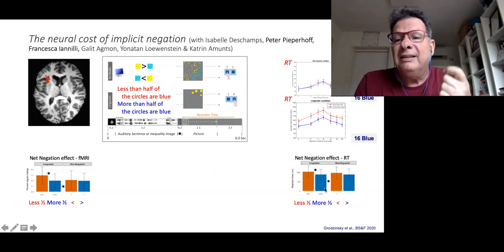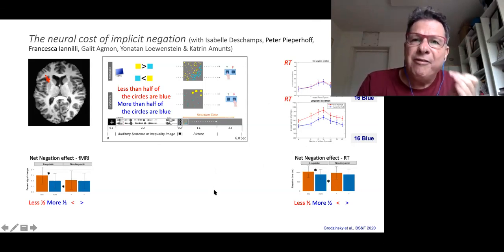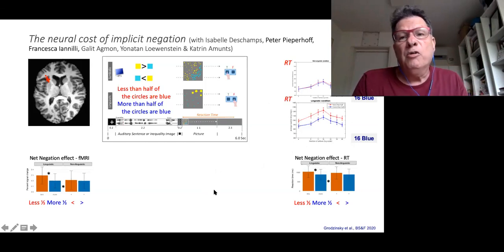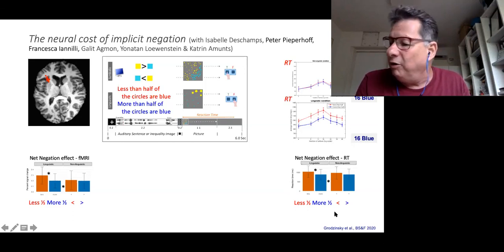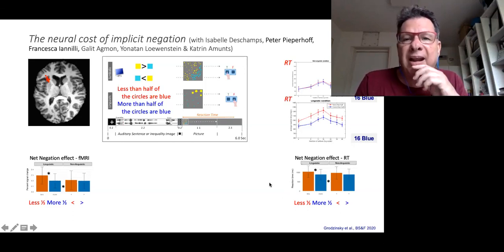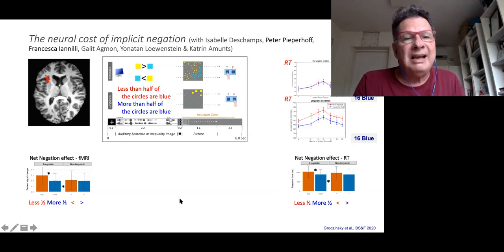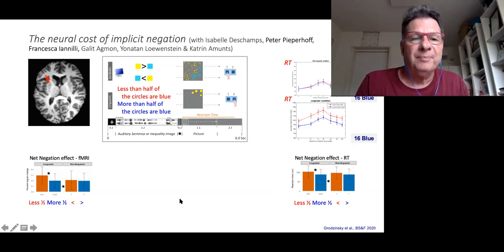So here you can see the pattern that we get in the reaction time. And what we did now is we asked a very, very focused question. What is the brain area or brain areas such that when we look for an interaction effect exactly like we looked here, what brain areas would be activated? It's a highly, highly focused question. And you can see that there was a single brain area.